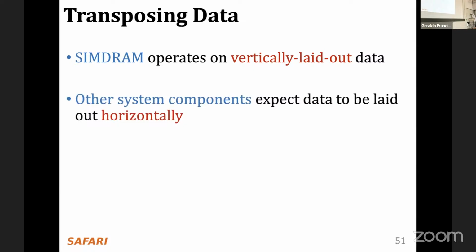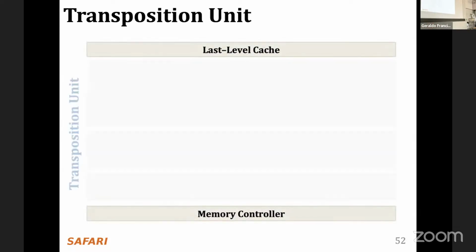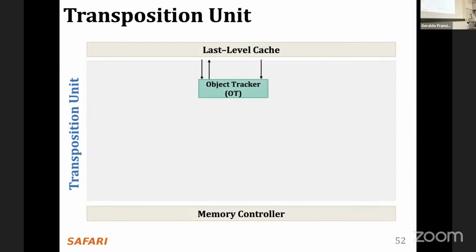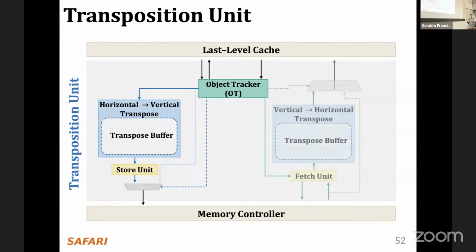To do that, we implement this data transposition unit between the last level cache and the memory controller, which identifies memory objects that are going to be used by SimDRAM operations, and transparently from the user transposes the data on cache line evictions from the horizontal to the vertical data layout, and from the vertical to the horizontal data layout on a read from DRAM.